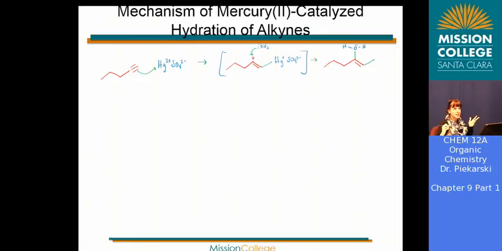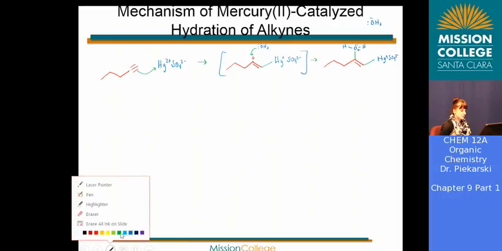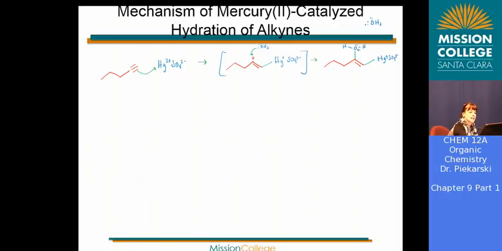An oxygen with 1 lone pair and 3 bonds has a what kind of formal charge? +1. And then the mercury is still there. Now that water that's attached doesn't look too happy, so what do you think is going to happen? You've seen it before. Another water molecule is going to come in and act as a base. Good. So these electrons come down, pull off this hydrogen, and these electrons go onto the oxygen.